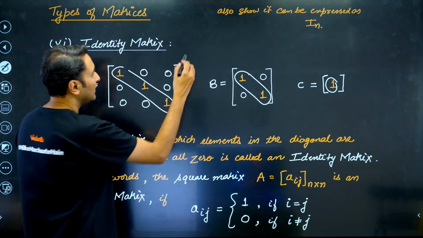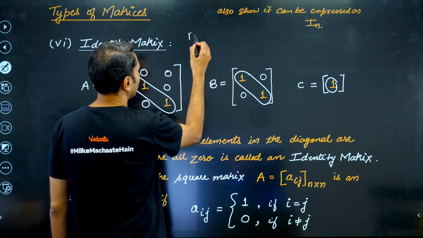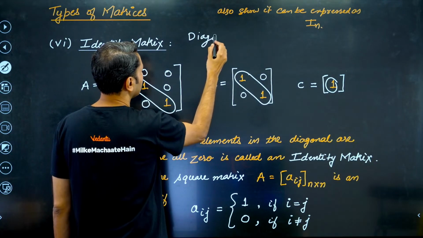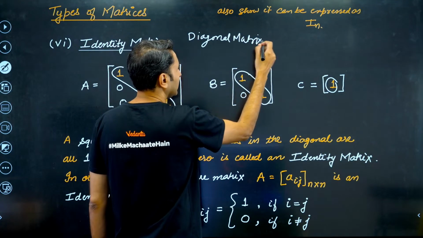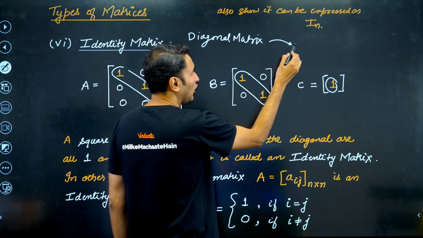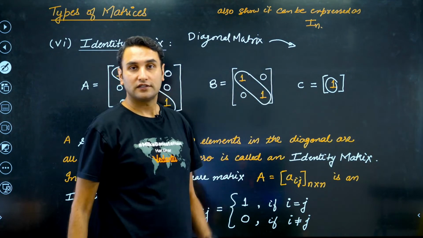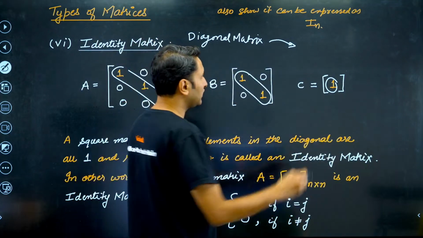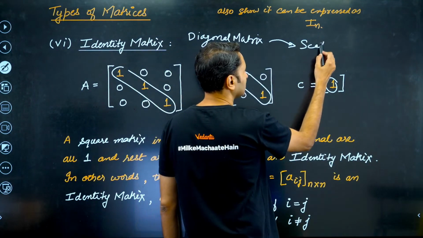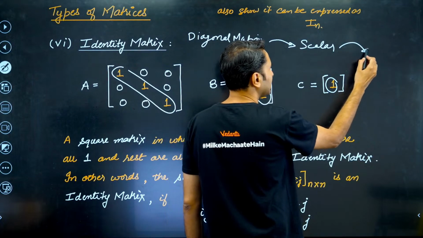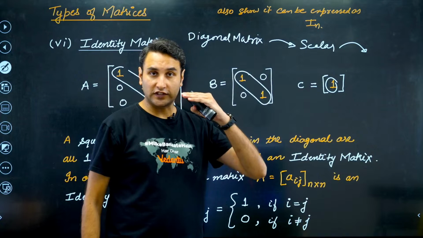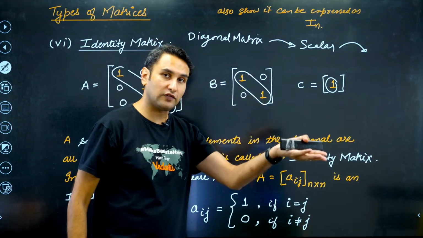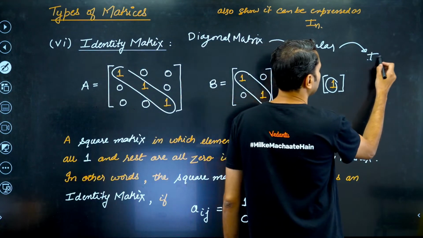Okay? So how is the flow happening? We started with the diagonal matrix. In the diagonal matrix, if all the diagonal elements are equal, it became a scalar. If in the scalar all the equal diagonal elements take the value 1, they become identity.